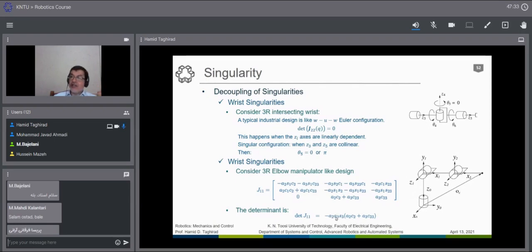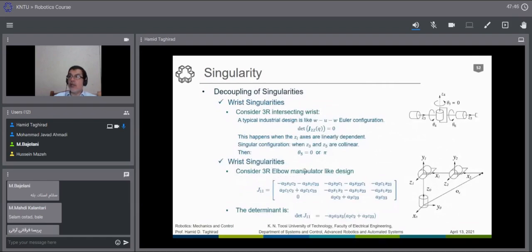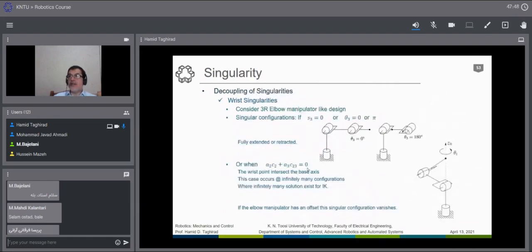Either S3 should be equal to 0 or A2C2 plus A3C23 is equal to 0. Let's see when this happens for this elbow manipulator. You can see that, again, this should be arm. I'm very sorry about the mistyping here.